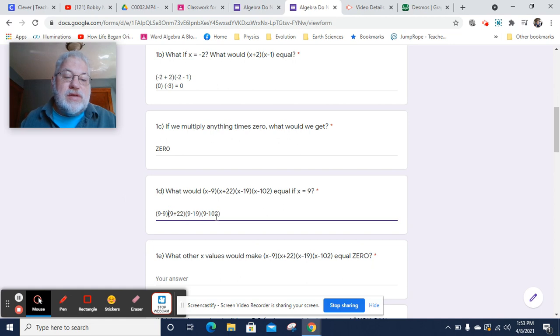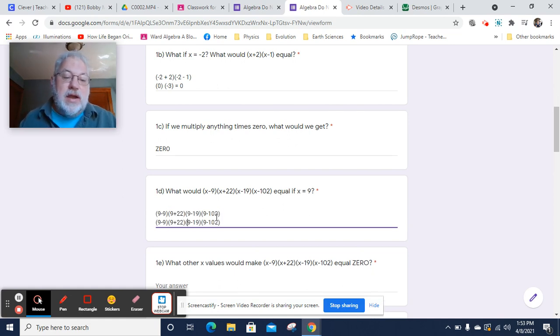It's nice to know what those things are, but we won't need that for this problem because 9 minus 9 is 0. Doodly squat, nothing. Zilch. So the whole thing, whatever all those other things equal, is going to be 0, which tells us that this whole thing will have an x-intercept at 9.